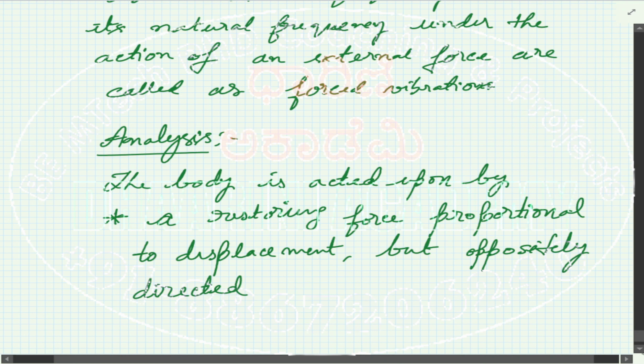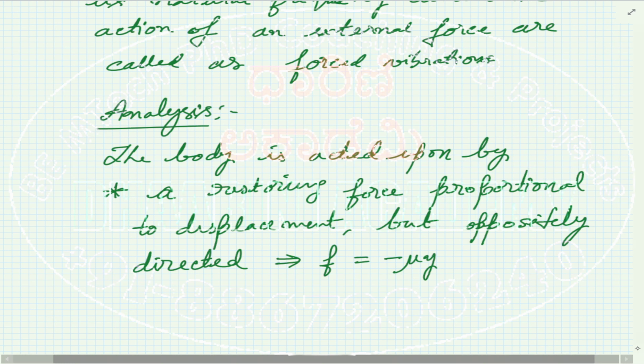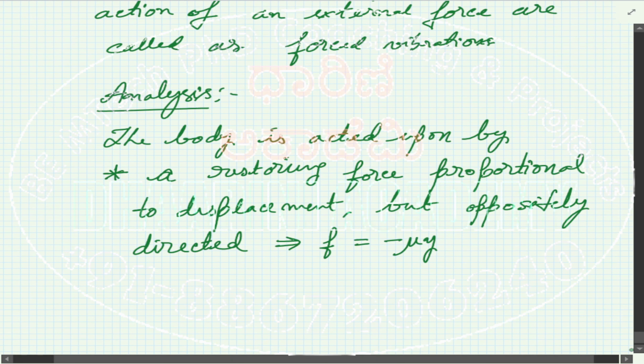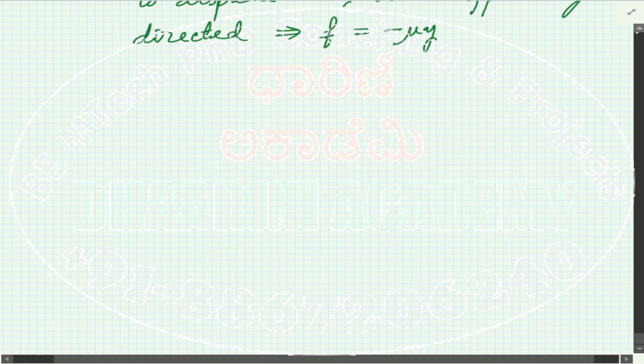We can denote that force as F equals minus mu into y, where mu is the constant of proportionality and y is the displacement. That's the first force. Then we have a second force coming into the picture, called the damping force.